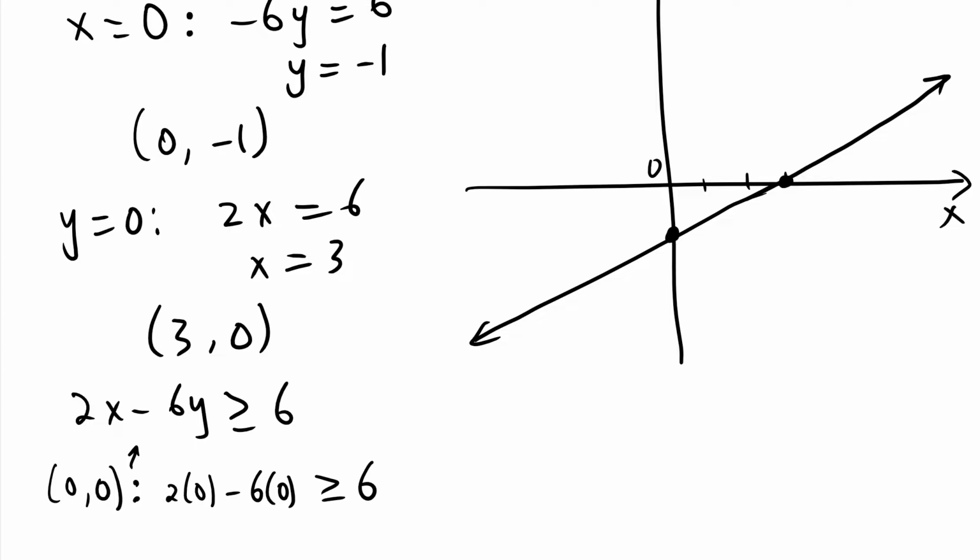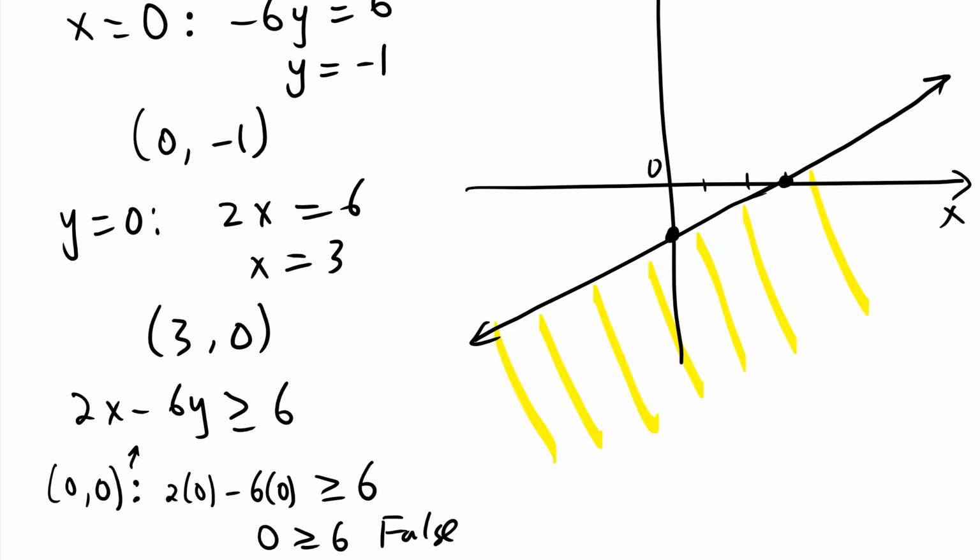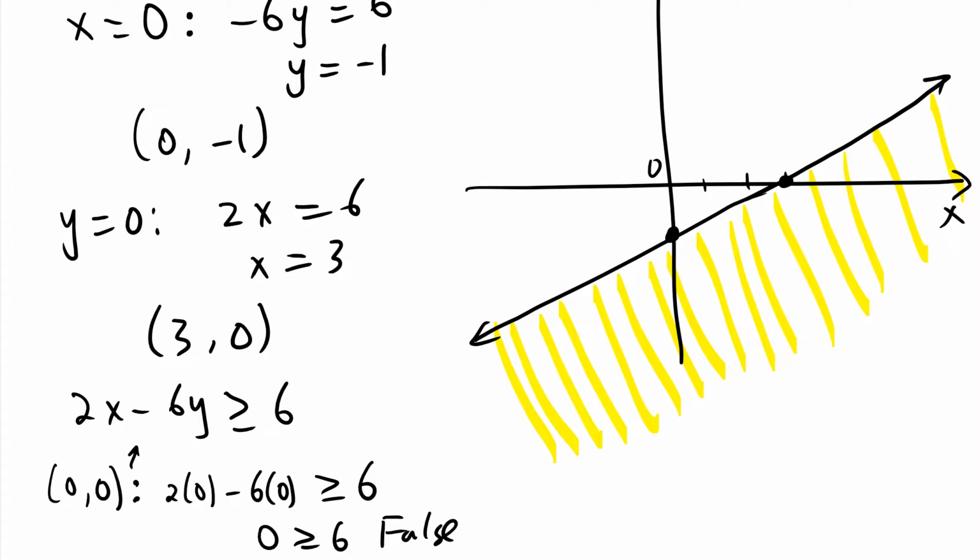Is that going to be bigger than or equal to 6? 0 minus 0 bigger than or equal to 6. That's false. So the region containing the origin is a false region. So we have to shade this one, not the one that contains the origin. That's the first one.